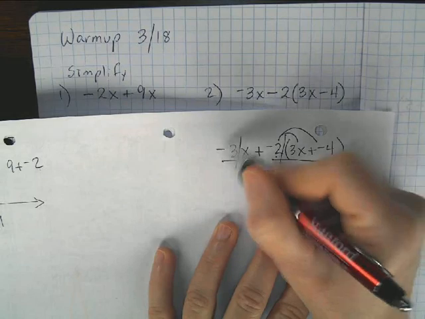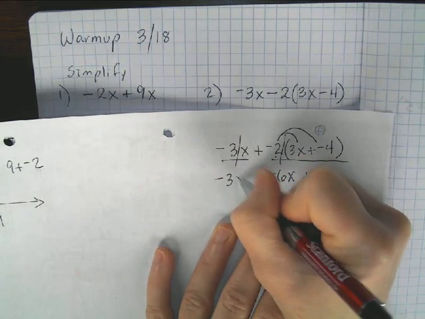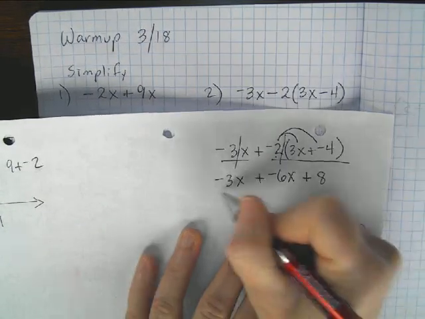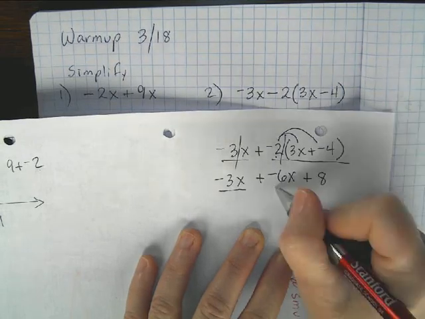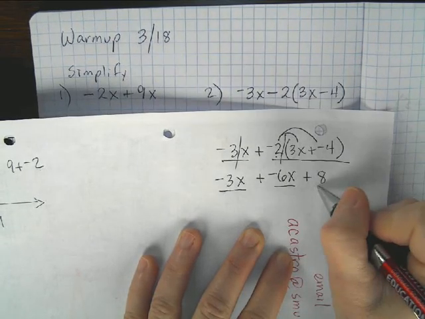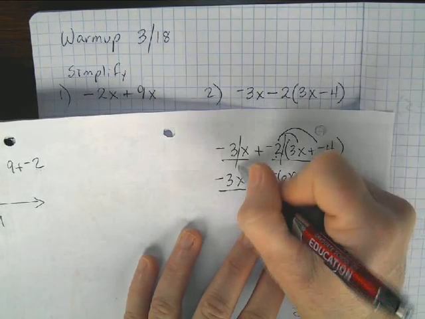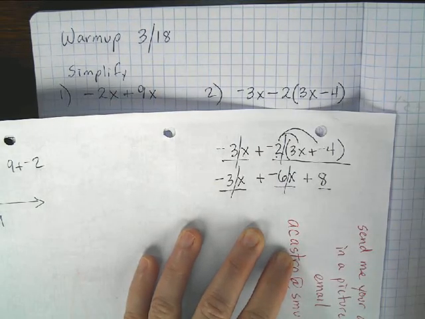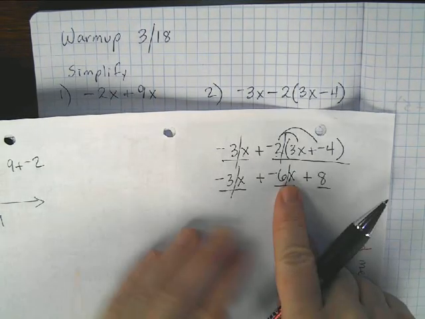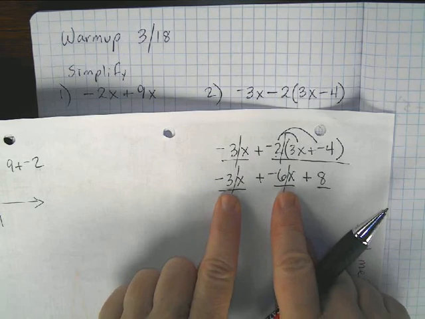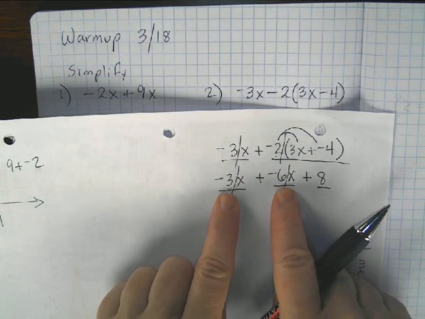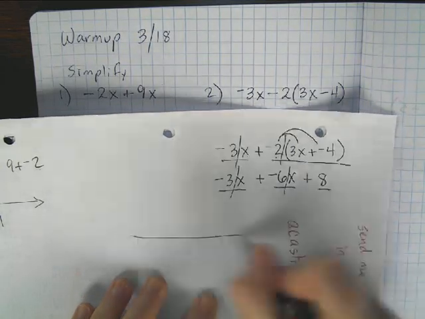So I've simplified this. My first term just remains the same. So now I have -3x plus -6x plus 8. And I can parse that. I want to now combine my like terms. -3x and -6x are like terms. -3 plus -6, again, I can get out my number line.